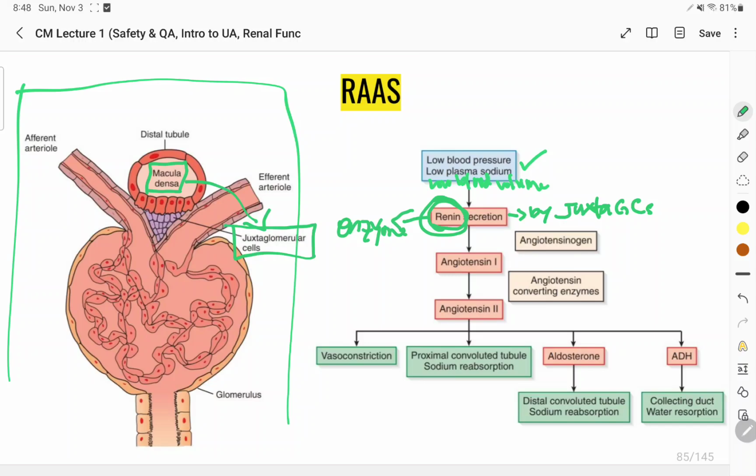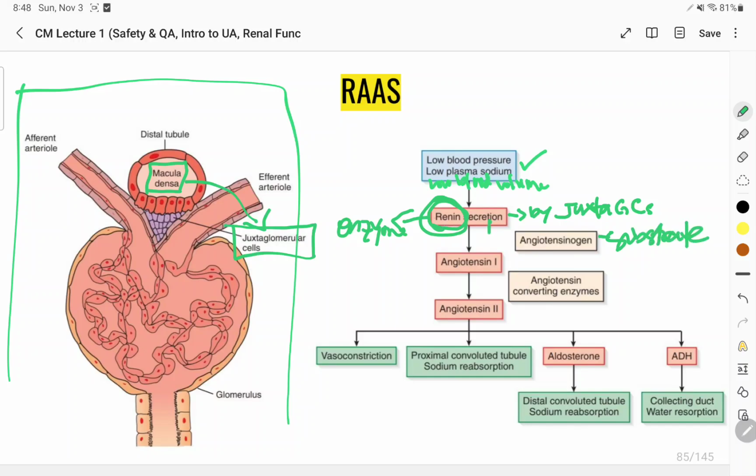As it travels in the vessel, angiotensinogen, which is a glycoprotein, serves as the substrate of your renin.